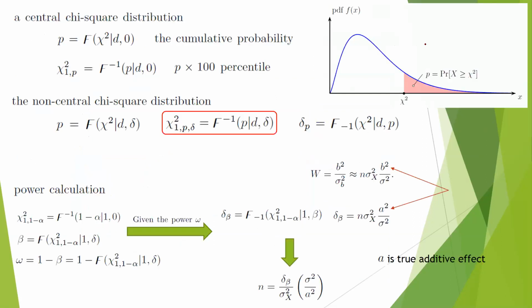All right, now let's talk about the relationship between the parameters in the model. Let's look at the chi-square distribution first. This is the central chi-square distribution, and it looks like this.